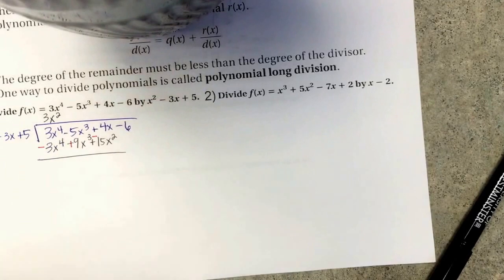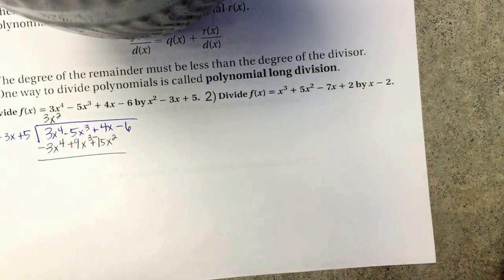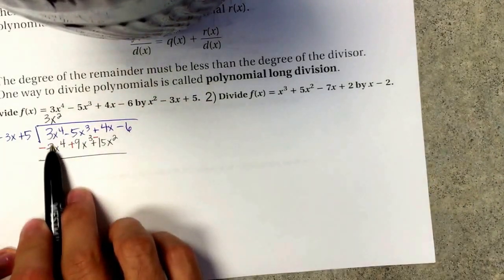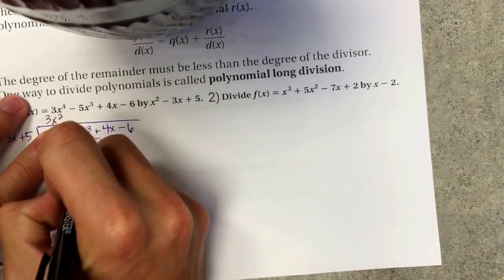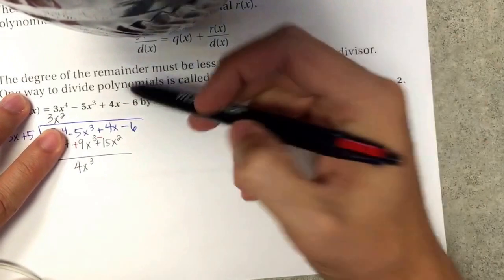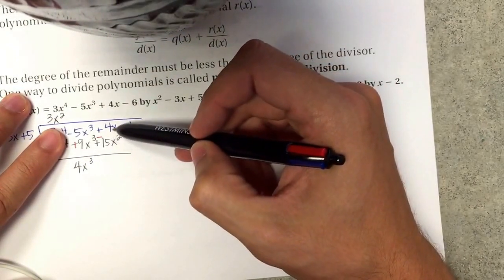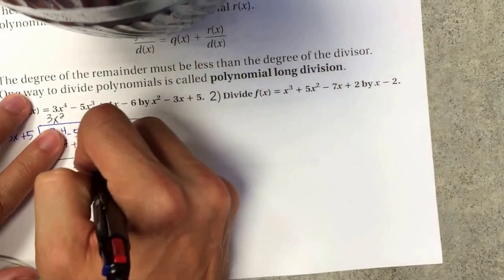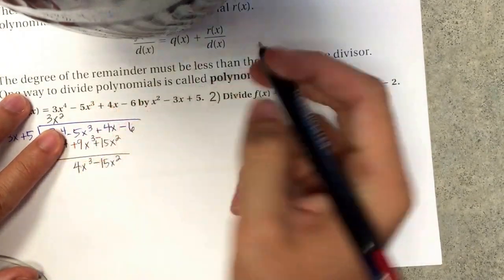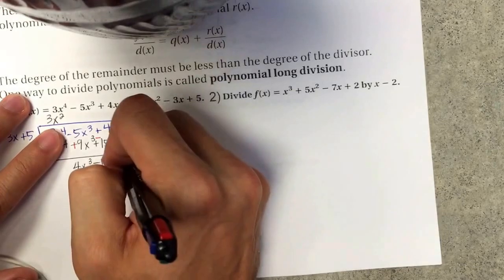So we're going to change all of those signs and make sure we subtract. So this column goes away. The second column, when you subtract those, you end up with a 4x cubed. You can't subtract these two. This is an x, that's an x squared. So the 15x squared comes down, and we bring down the next term, which is a 4x.